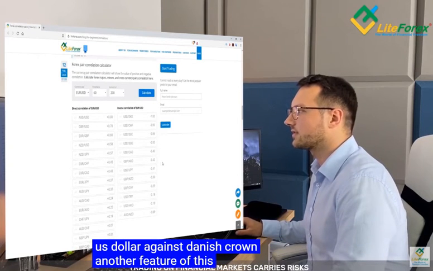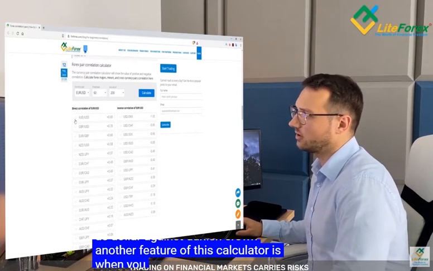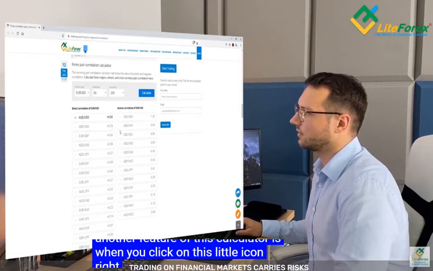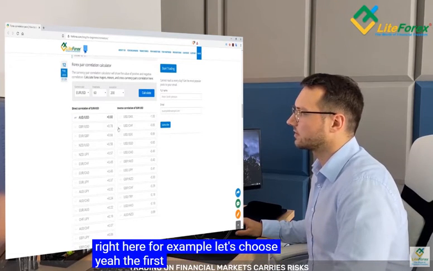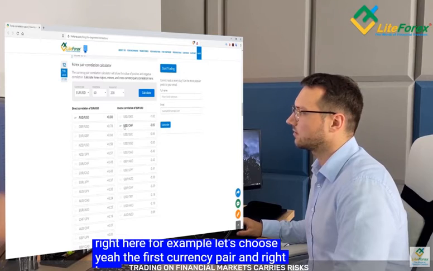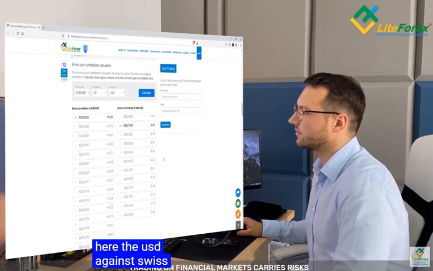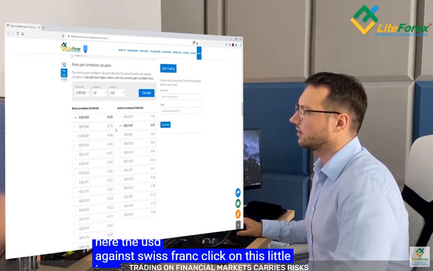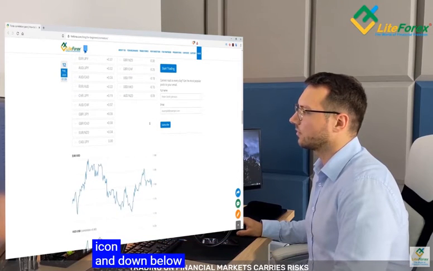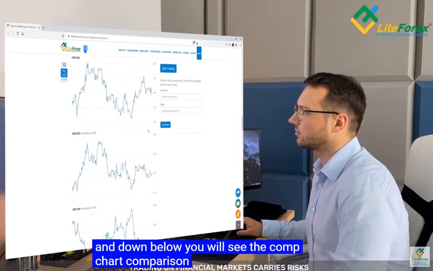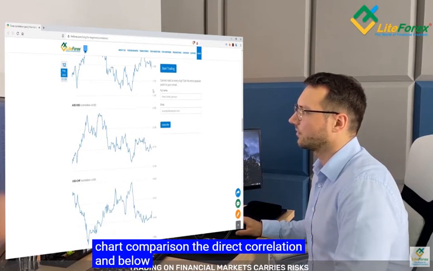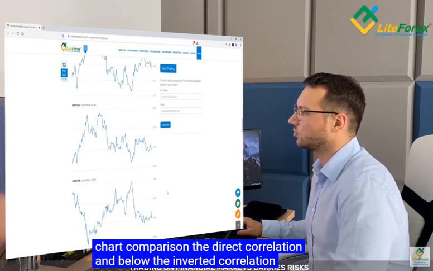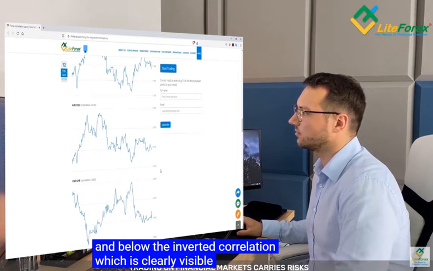Another feature of this calculator is when you click on this little icon right here. For example, let's choose the first currency pair, the USD against the Swiss franc. Click on this little icon and down below you will see the chart comparison, the direct correlation, and below the inverted correlation, which is clearly visible.